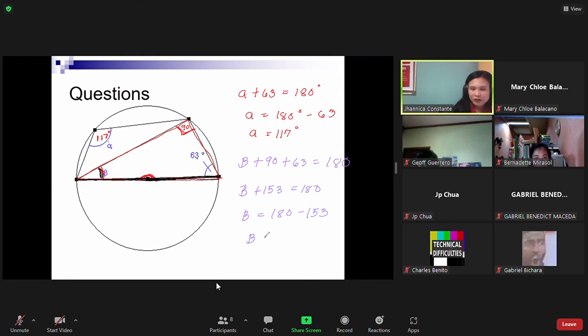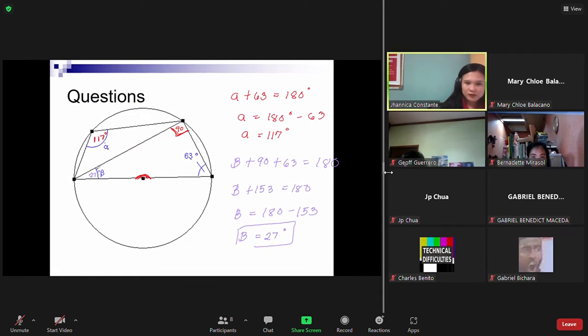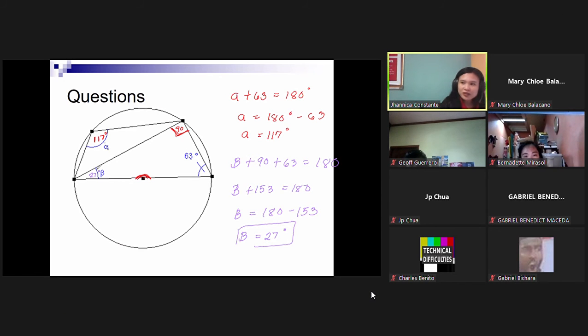So the measurement of angle B is equal to 27 degrees. That is the measurement of our angle B. So that's how we can solve for our angle, applying the properties of the cyclic quadrilateral and the angle of center. Let's have another example.